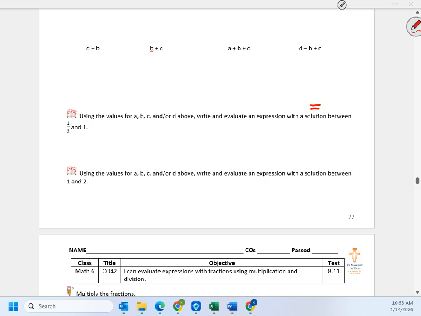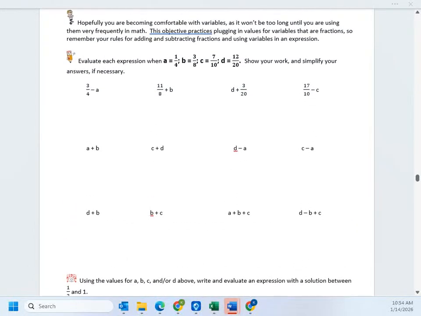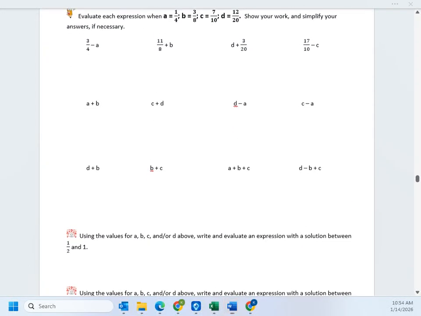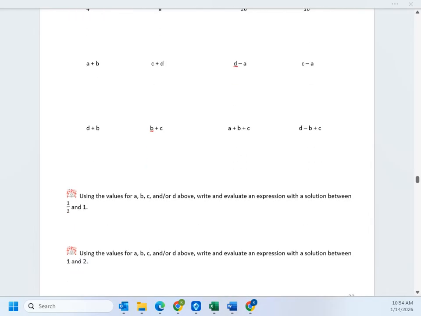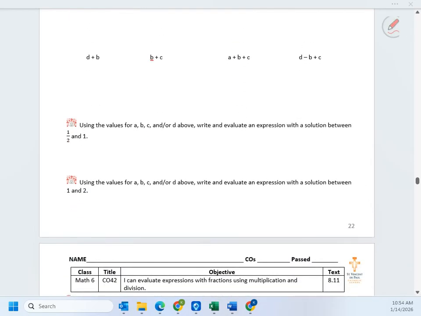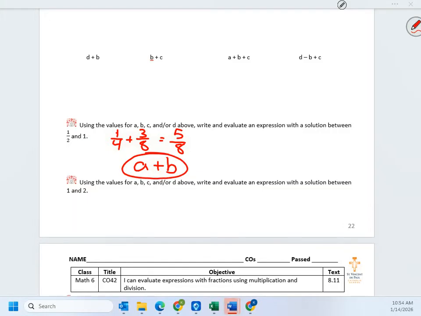So I could do something like, I've got to scroll up to see what my variables are. I could do, let's see, 1/4 plus that 3/8. We said that answer was 5/8. So that is actually an expression.